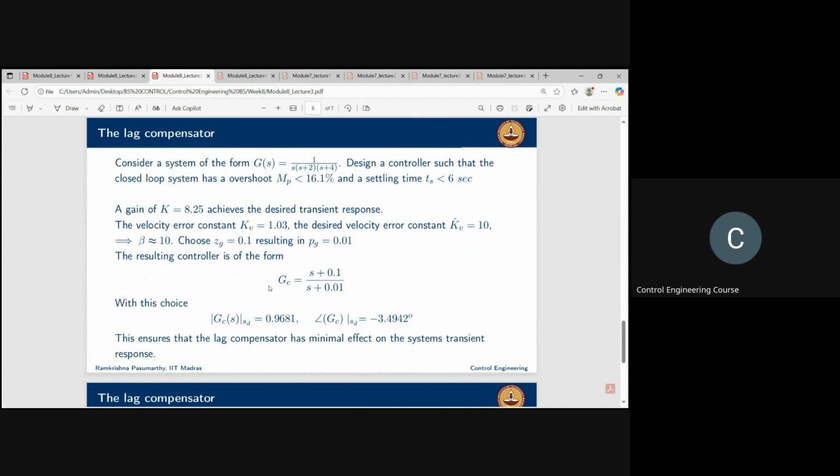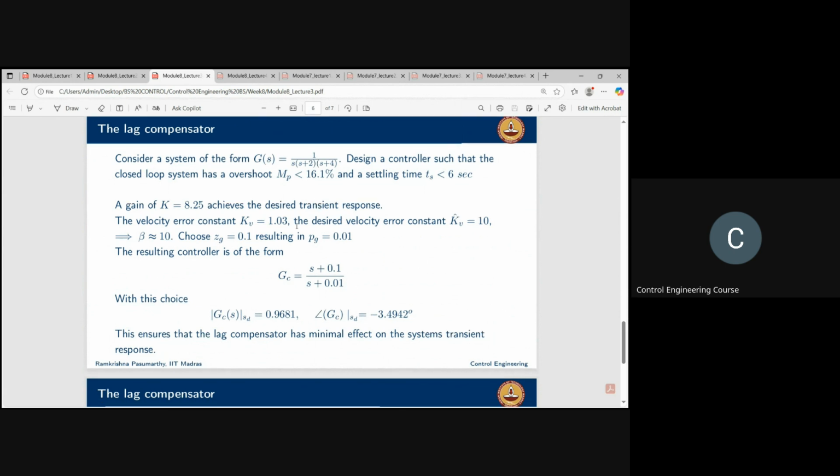Here, a pure root locus gain of 8.25 actually achieves the transient response specification. But it doesn't achieve the steady state specification, because the velocity error constant is 1.03 and you want 10, correct? So beta is approximately 10, right? You want to put ZG and PG so that the transient part is okay, whereas the steady state part is improved.